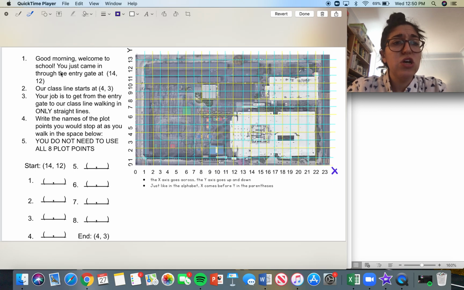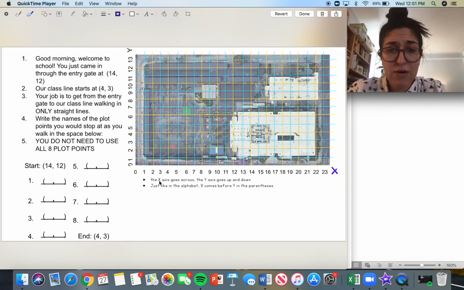It says, you just came in through the entry gate at 14, 12. So I'm going to look for 14, 12. It says here the x-axis goes across, the y-axis goes up and down, and just like in the alphabet, x comes before y. So I'm looking for a point on this graph that's 14 across, right here.